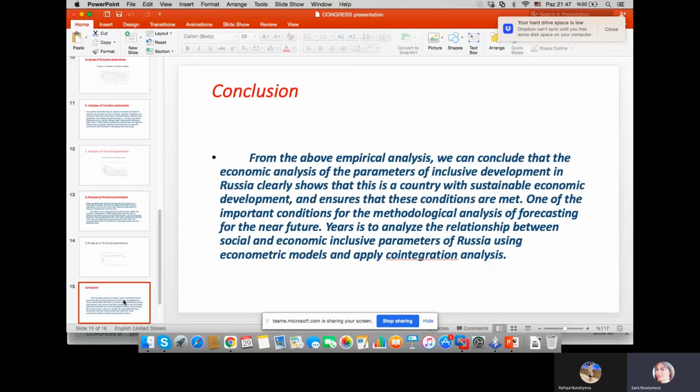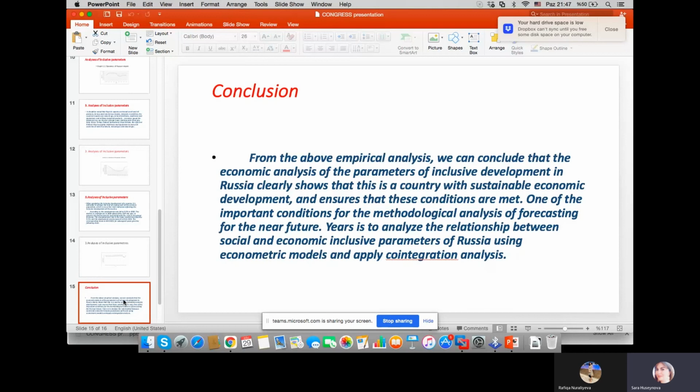And considering all this, it can be said that Russia is a country with sustainable economic development, and Russia ranks 38th in the competitiveness rating among the post-Soviet countries for the 2017-2018 period.